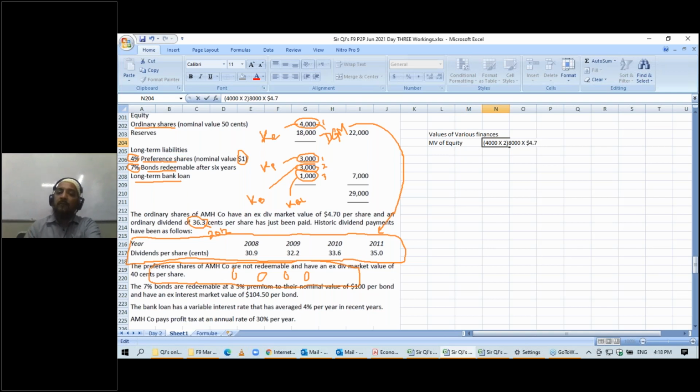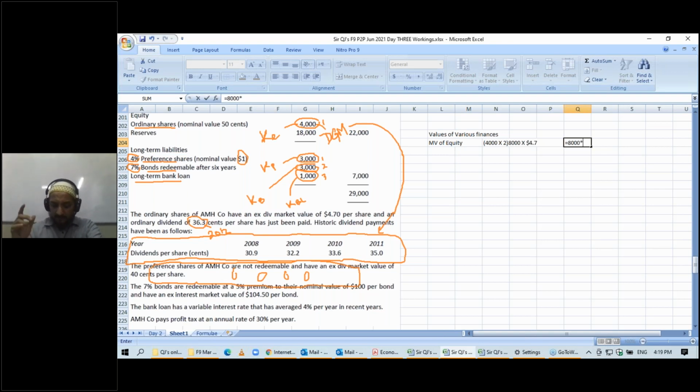Sometimes they give you the cum dividend market price. If you deduct the latest dividend, which is the dividend that has been recently paid, from that cum dividend market price, you arrive at the ex-dividend market price. I repeat, if you have been given the cum dividend market price, deduct the latest dividend which has been recently paid to arrive at the ex-dividend market price.